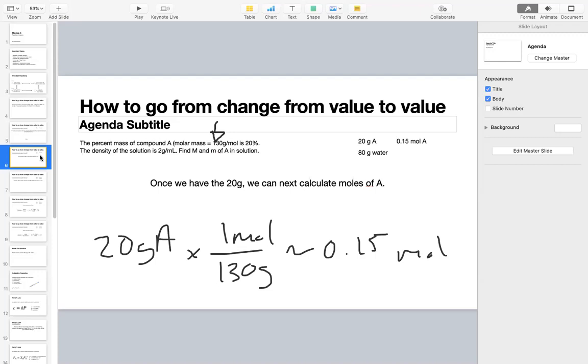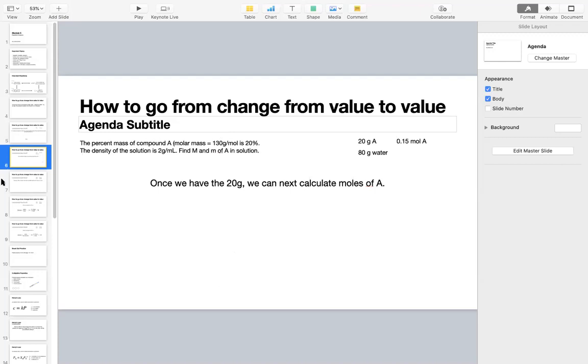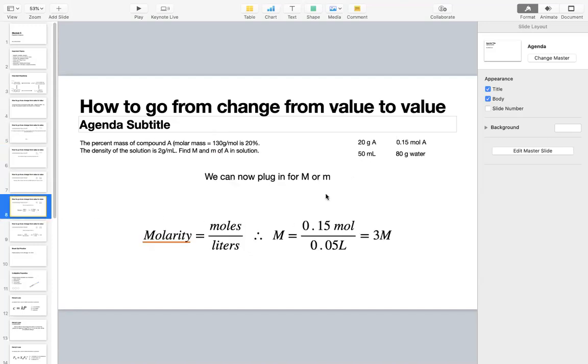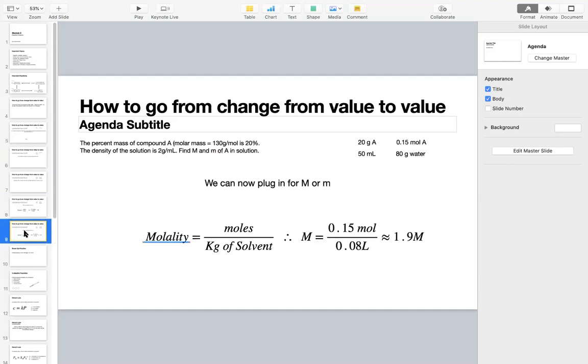All right. So then we just plug it into the equation. And then same for the molality. Yeah.